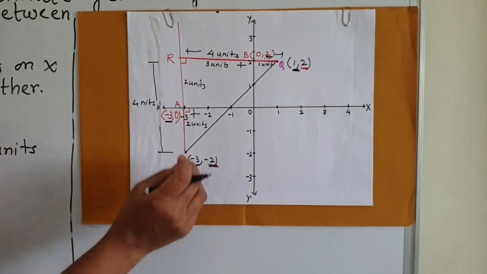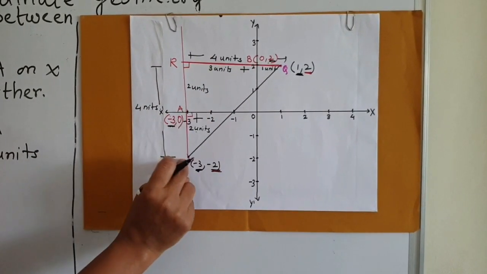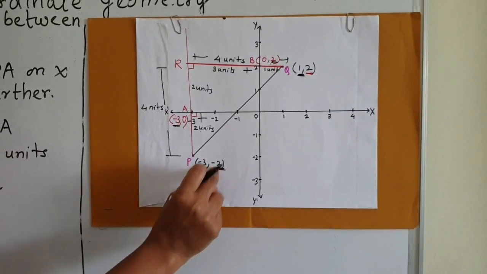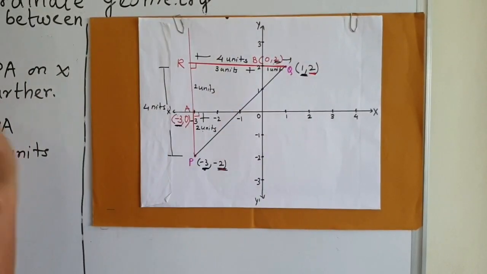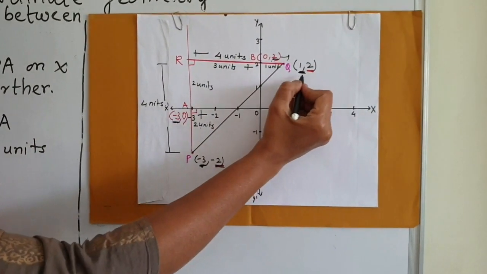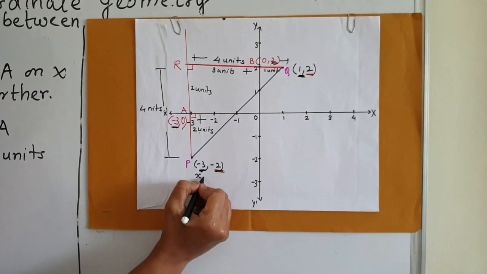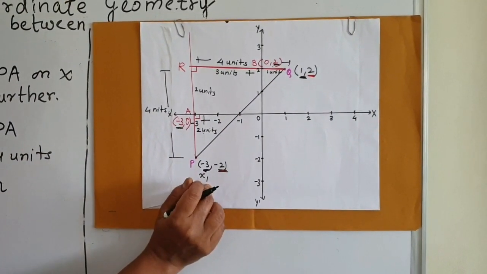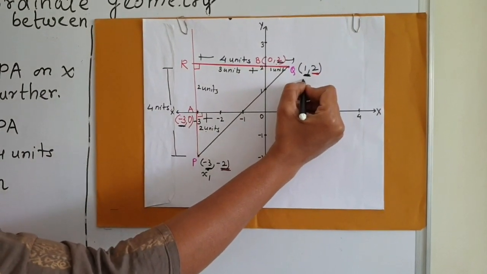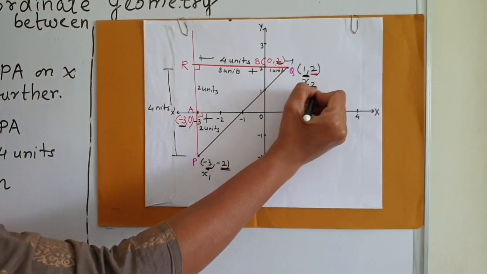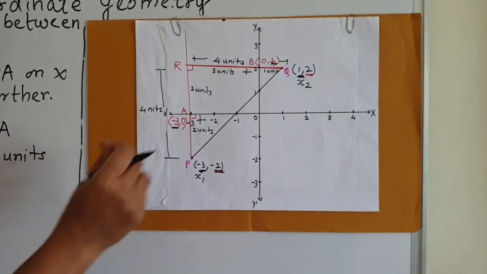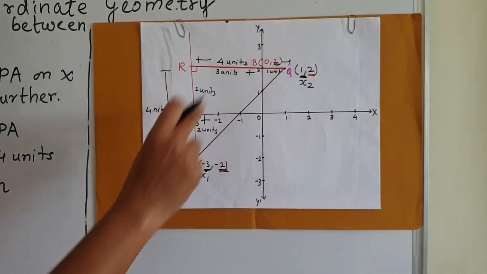Now you can observe here the points given were P with coordinates -3, -2 and Q with 1 and 2. Now if you see the x coordinate of point P and Q, let it be x coordinate of point P as x1 and x coordinate of point Q as x2. Then how we get the distance?